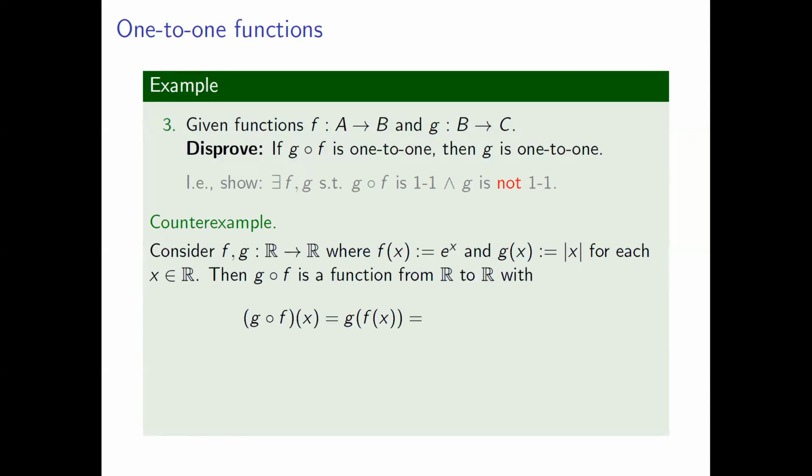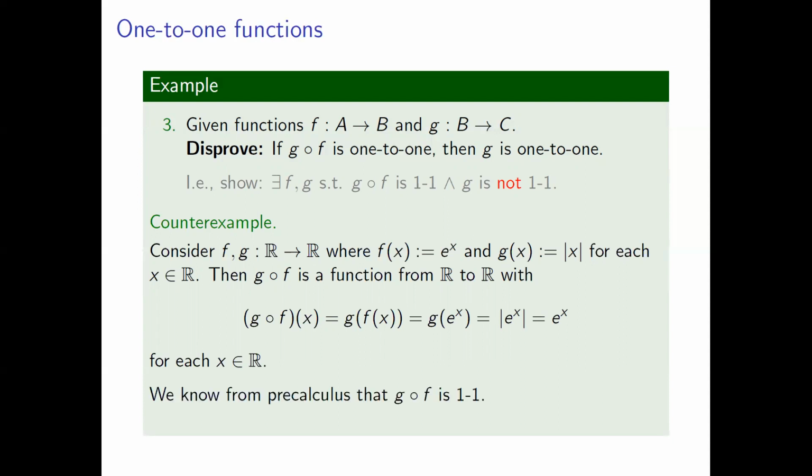Then the composition gf is also a function from the set of real numbers to the set of real numbers, with the image of every real number x given by g of e raised to x, which is equal to the absolute value of e raised to x, which is equal to e raised to x.